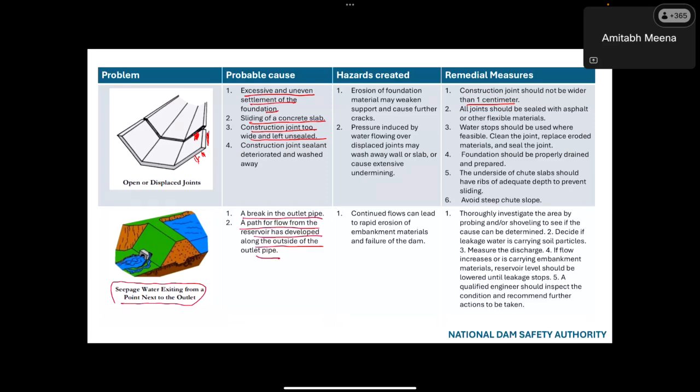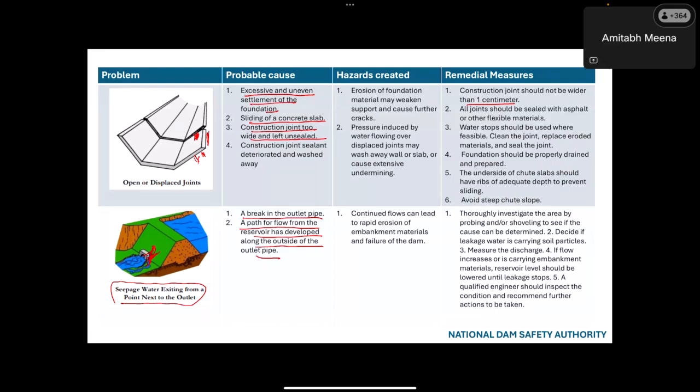So there may be some hole in this outlet pipe, and water is coming out from that hole into the dam body, and then it is coming out from this side. So what this will cause is that along this conduit outlet pipe, the seepage path will be developed. This seepage path may cause piping also, further piping.